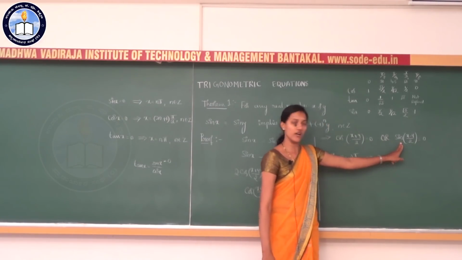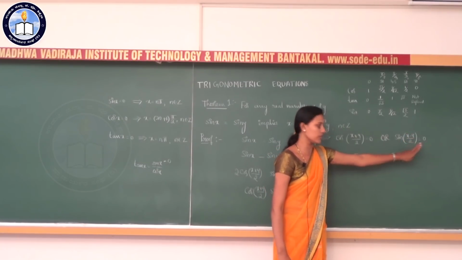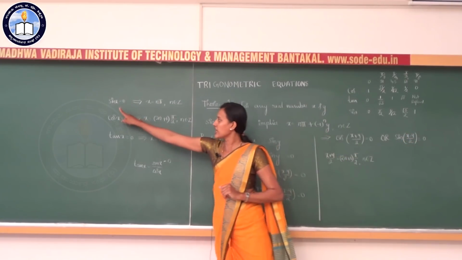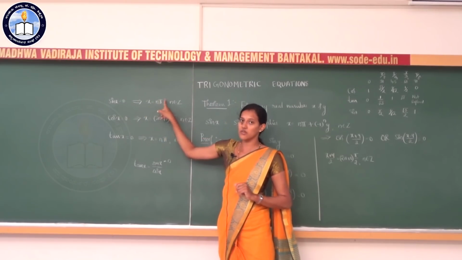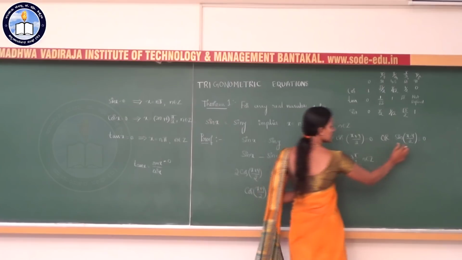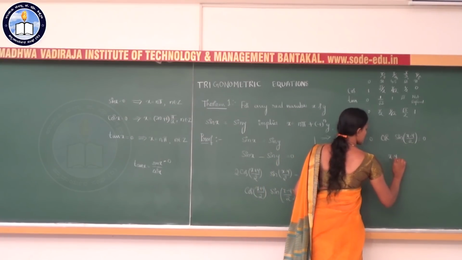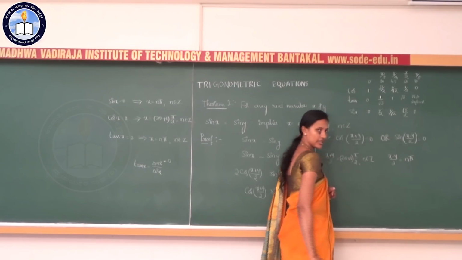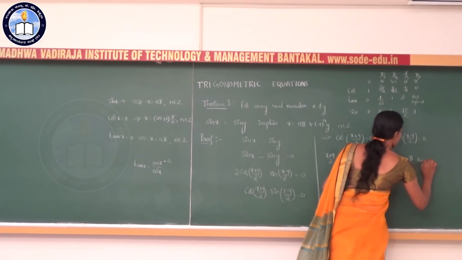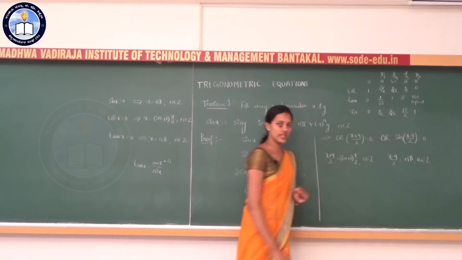Or we have sin of (x minus y) by 2 is equal to 0. Sin of x is 0 when x is an integral multiple of pi. So, here the angle, that is (x minus y) by 2, is an integral multiple of pi, n into pi, where n is an integer.